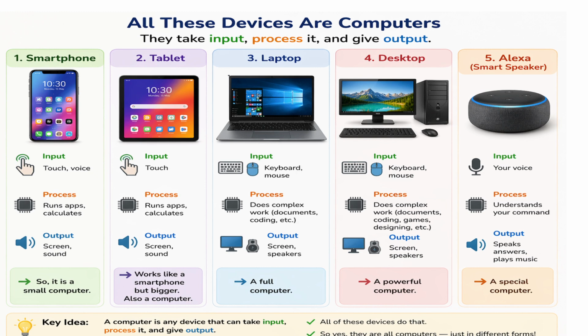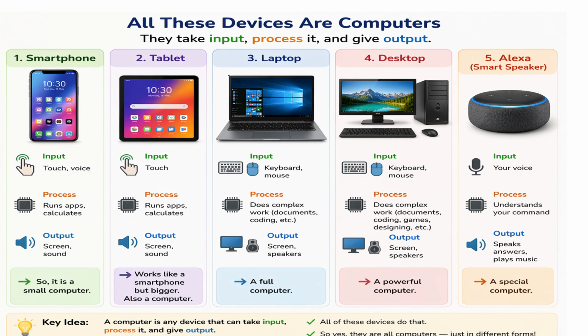All these work on electricity. Maybe mobile phones don't need to be continuously connected to your electric supply, but inside them they have batteries that provide the electric supply that is needed. Similarly for the tablet, laptop, desktop, yes, we need to connect it to the electrical supply, and even Alexa.